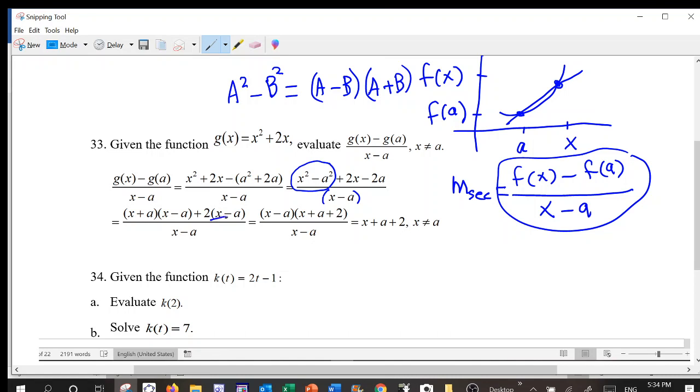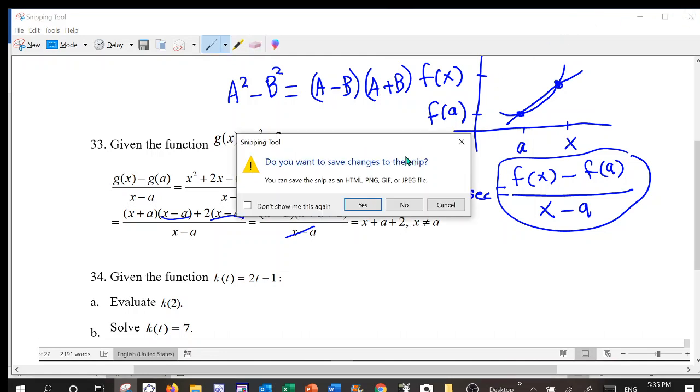If you take x minus a out of here, you get x plus a. If you take x minus a out of here, you get 2. So now we can cancel that, and then we get this expression, except we have to indicate that x cannot be a, because if x is a, the denominator is 0. Okay, so that's number 33.